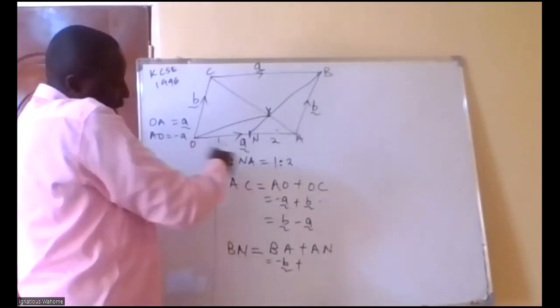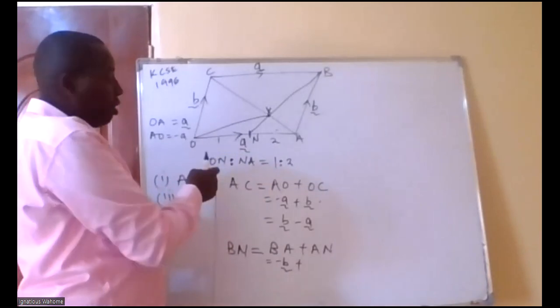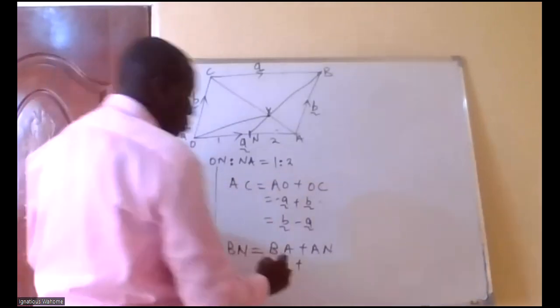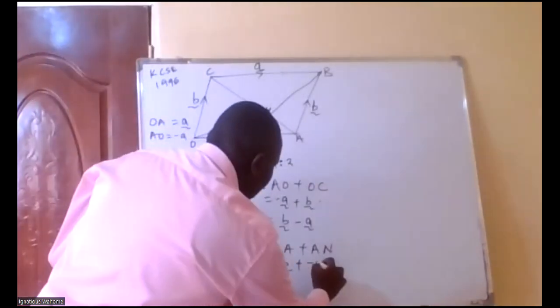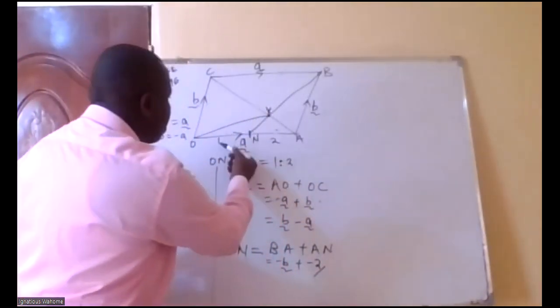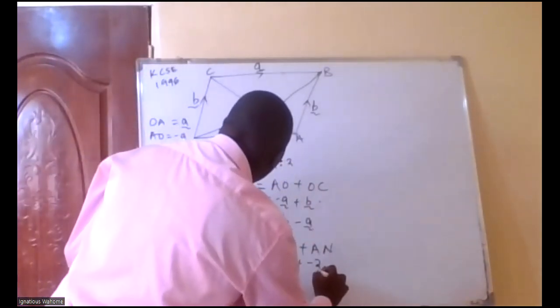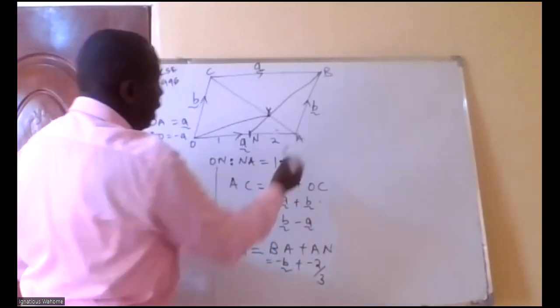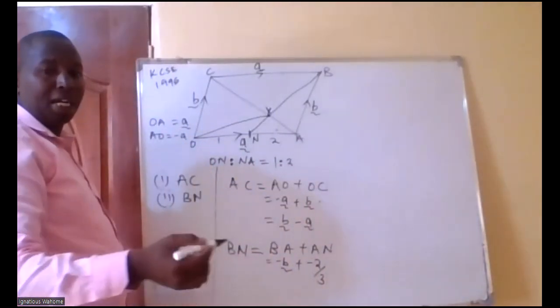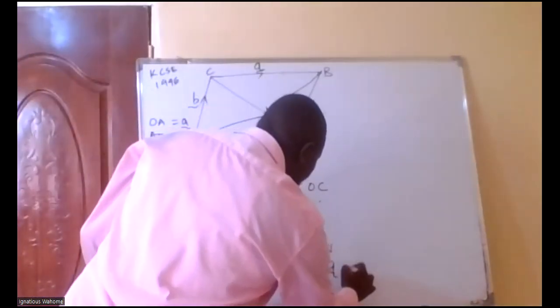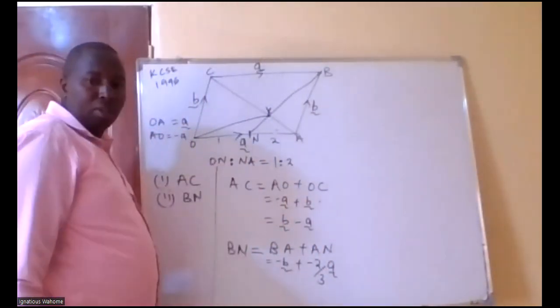A to N, again, the direction is changing. Because this was OA, it is now along AN. So because the direction has changed, it is minus 2 over 3 of OA, since 2 plus 1 is 3.